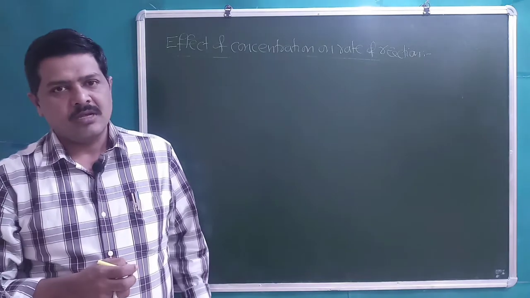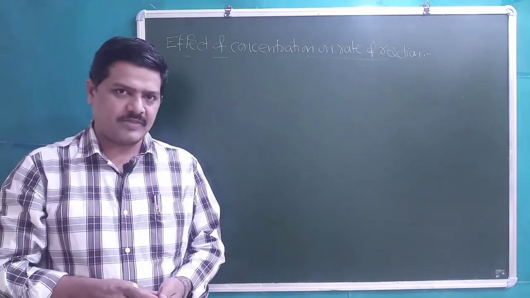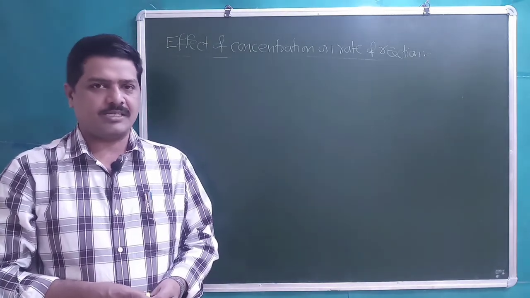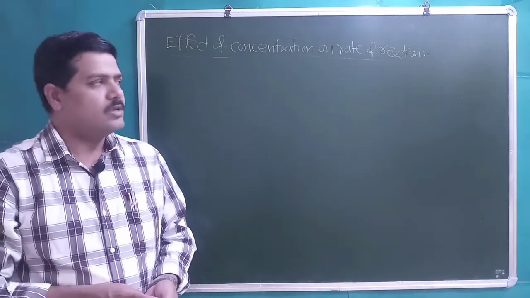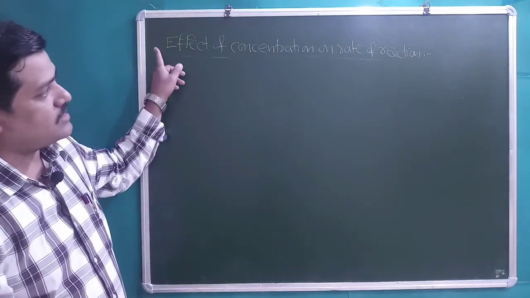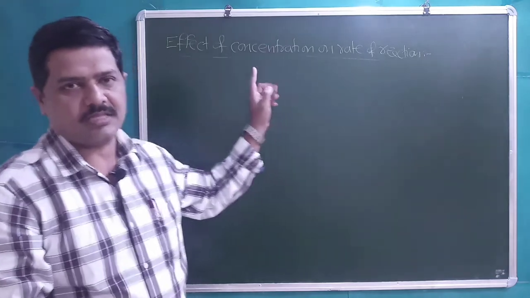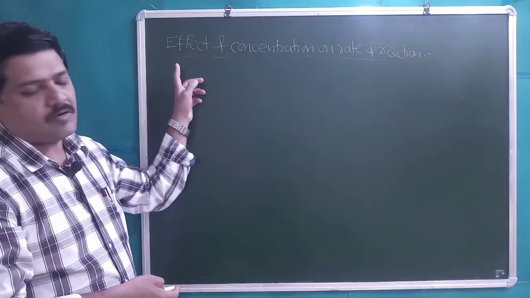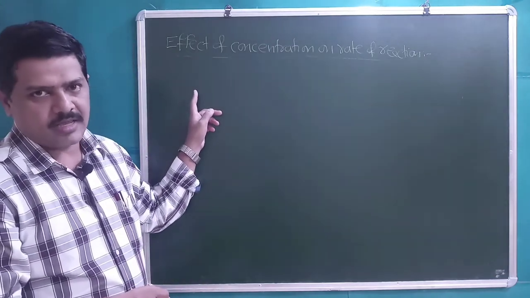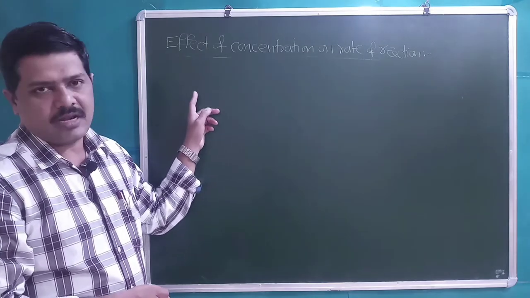One is concentration effect on rate of the reaction, the other one is temperature effect on rate of reaction. From the first part, effect of concentration on rate of the reaction, in this video we will discuss rate law, order of the reaction and units for the rate constant.